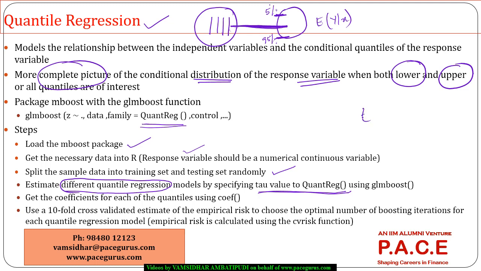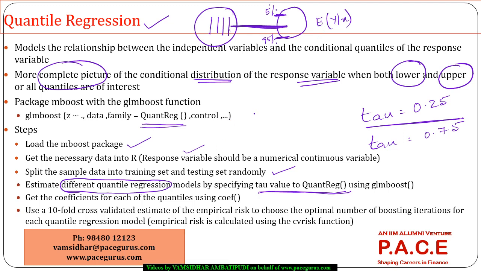If I specify tau equal to 0.25, it means I am fitting the 25 percentile value, and if I am setting tau equal to 0.75, I want a 75 percentile value, or the third quartile fitment of the model. And the same logic goes for all of them.